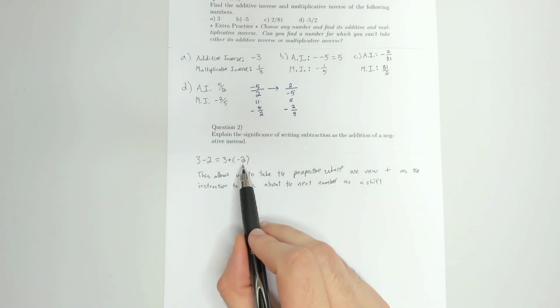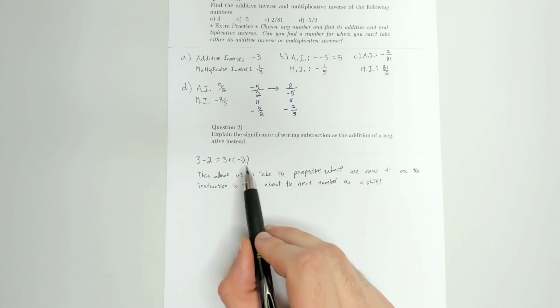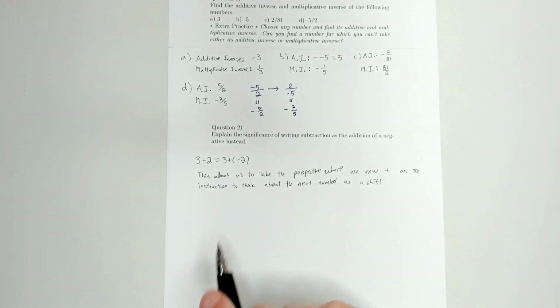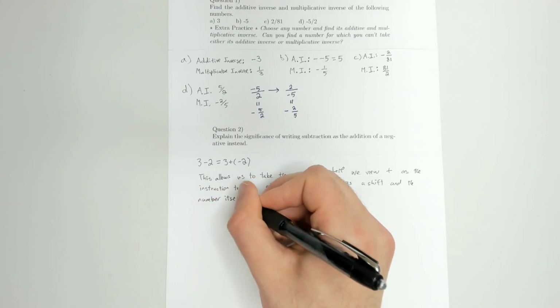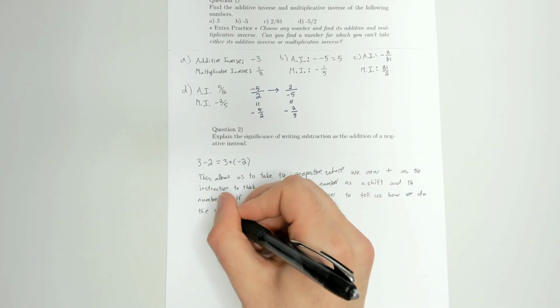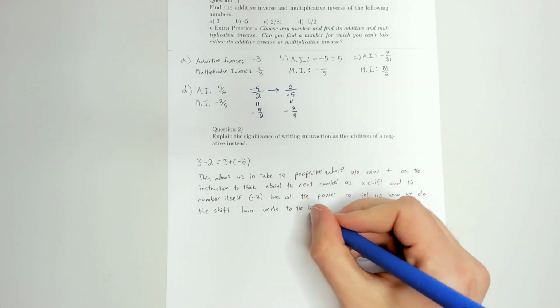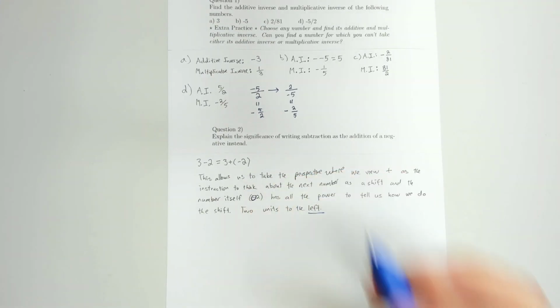where we put all the power on the number to determine how we're doing the shift. So the 2 tells us that we are moving 2 units, and the negative tells us the direction we're going. So it tells us that we're going to the left. 2 units to the left, and the left is specified by the negative part.